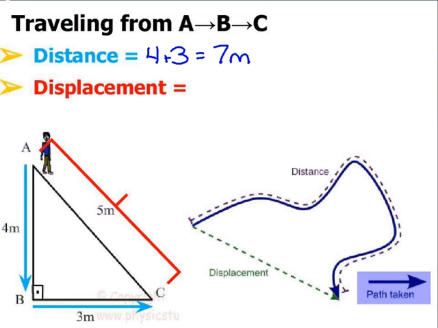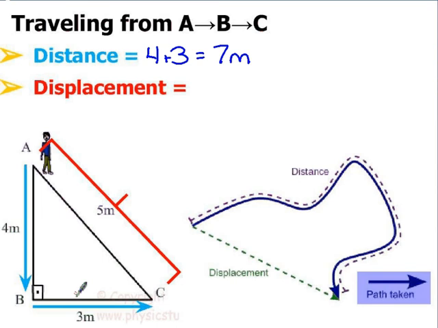But let's look at my displacement. Oh no, if I started here and I ended up here, there's no number line for me to figure this out. Okay, but I can figure it out by using math. Let's do some math. So this is a triangle, and if you remember from math class, you can use Pythagorean theorem to figure out distances on a right triangle.